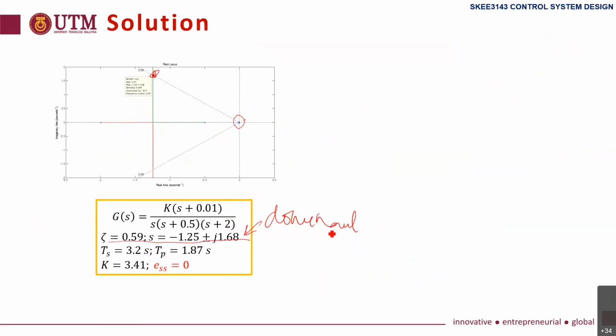And of course, we can calculate Ts, Tp and K, and the error will be 0. This is just to show you the one from MATLAB, but it is the same as what we did just now. That is PI controller.